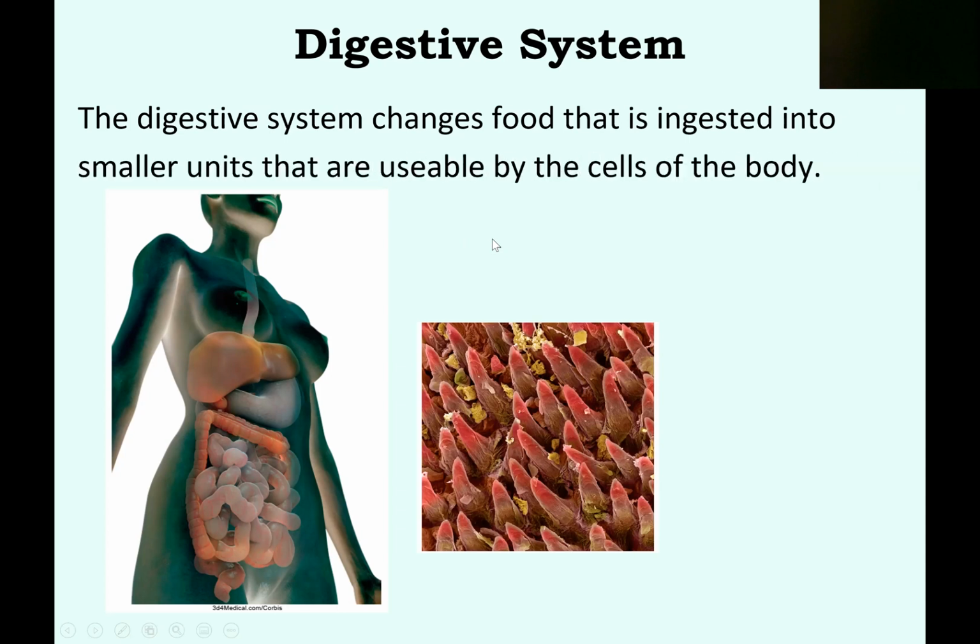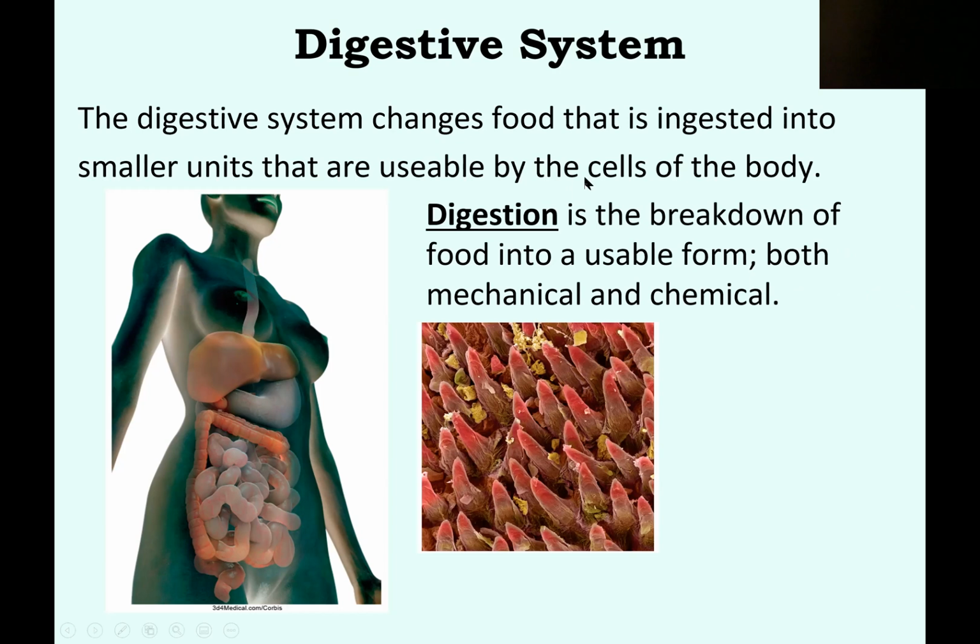So your digestive system, as an overview, is going to change the food that we ingest into smaller units so that we can get them into the blood and then into the cells of the body. So digestion is breaking down the food into a usable form.